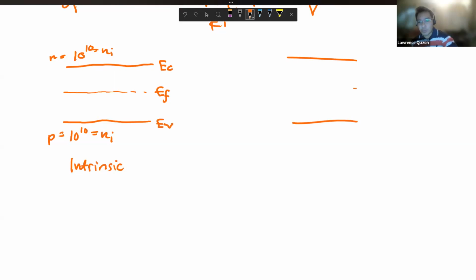Case 2. I-label ko na si EI because that's where EF was back in intrinsic semiconductor, right? Tinaas ko si EF, no? So now what happens is N is now something greater, no? Something on the order of like 10 to the 15, no?